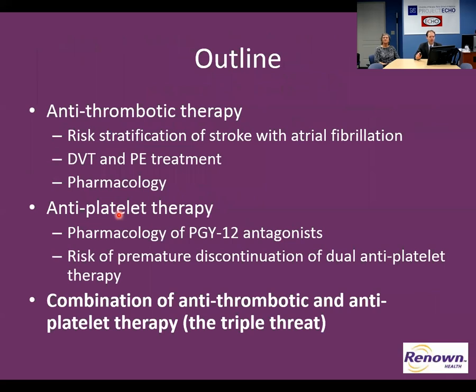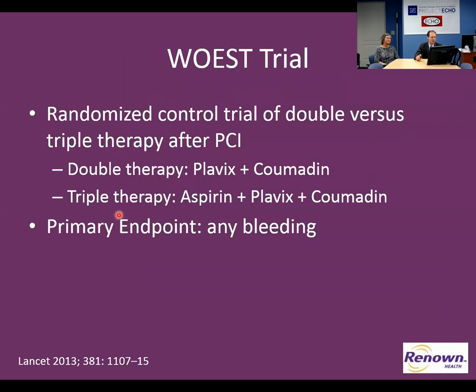Okay, so then we put them all together, and that's where we really get bleeding. There was the WOEST trial, from the Lancet in 2013. This is for a patient with atrial fibrillation that then comes in and has an MI or PCI, and they compared triple therapy with Coumadin plus aspirin and Plavix, or double therapy with Coumadin and Plavix.